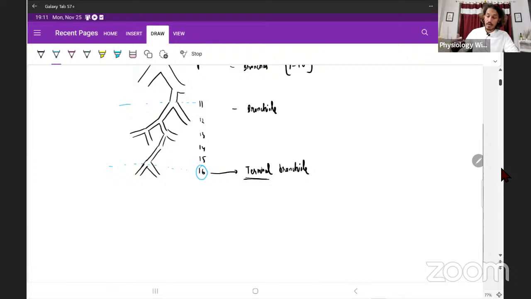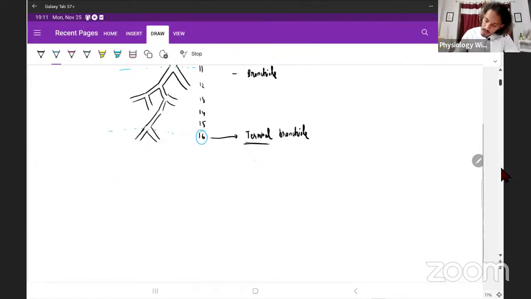Now, after that, what you get is what you call a respiratory bronchiole. Whatever is here, all of these are going to be your respiratory bronchiole.